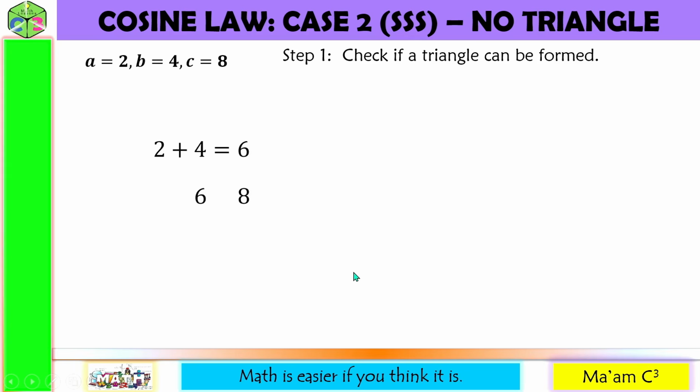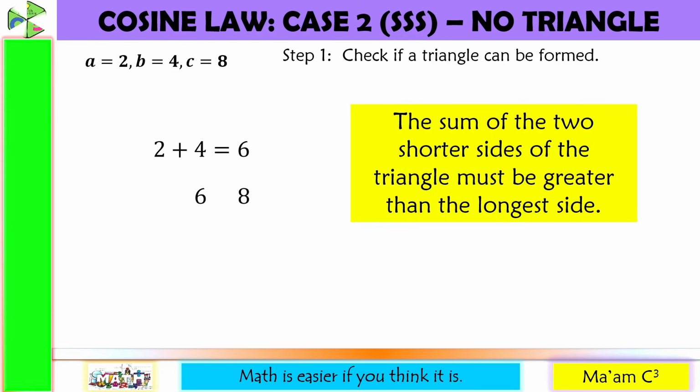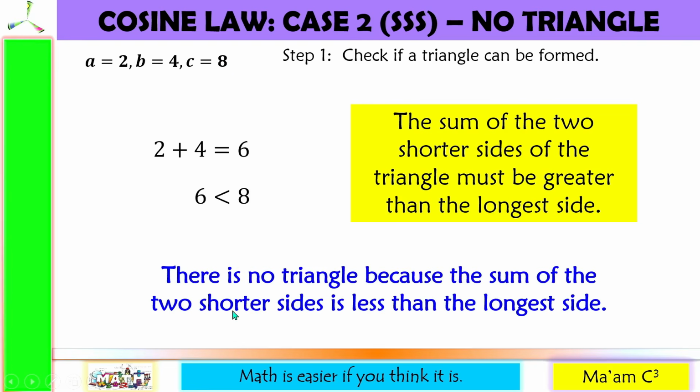And we have learned before that the sum of 2 shorter sides of a triangle must be greater than the longest side. So now let us compare, and 6 is less than 8. Since the sum of the 2 shorter sides is less than the longest side, then there is no triangle.